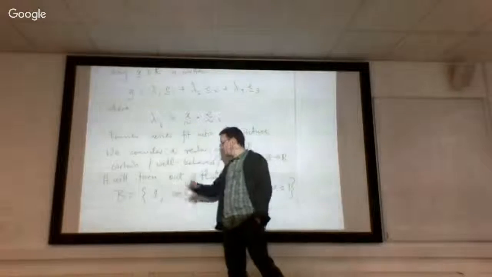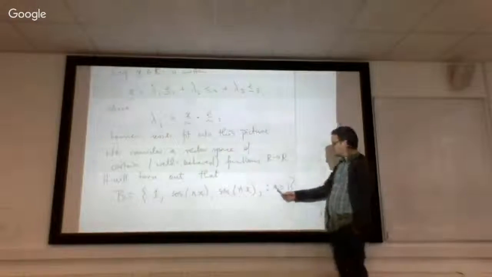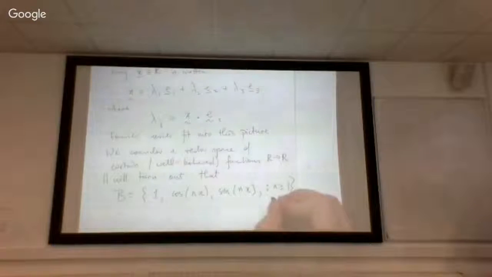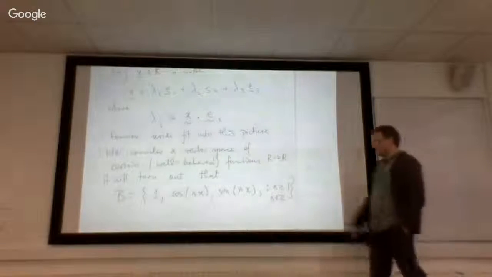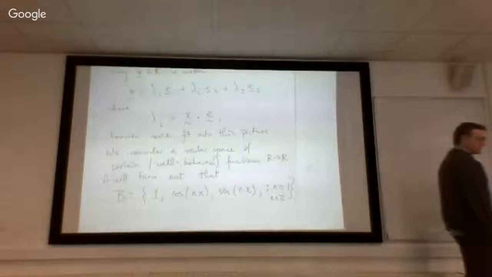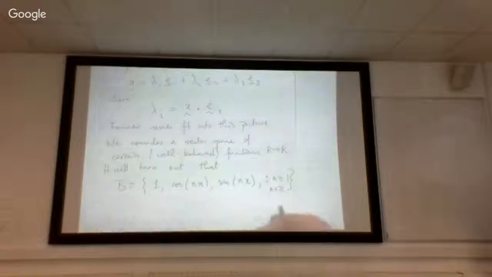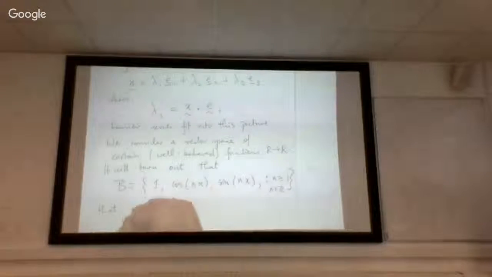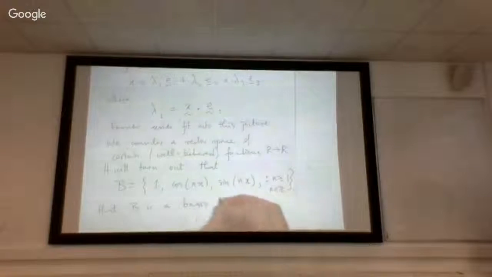It's got the constant function 1, cosine of nx for every integer n greater than or equal to 0, and also the function sine of nx. So it will turn out that this set B is a basis for this space.